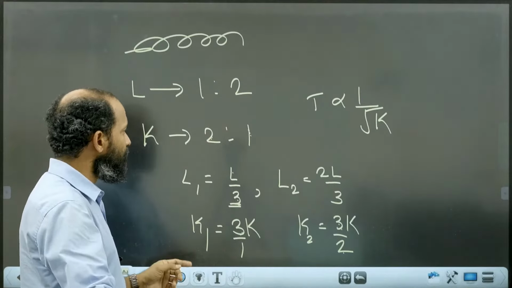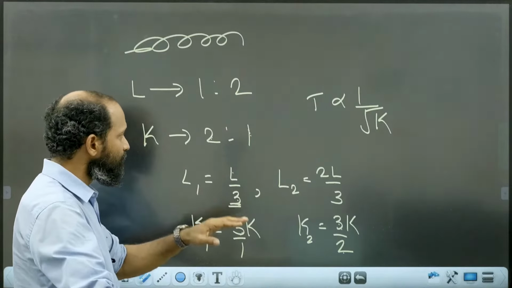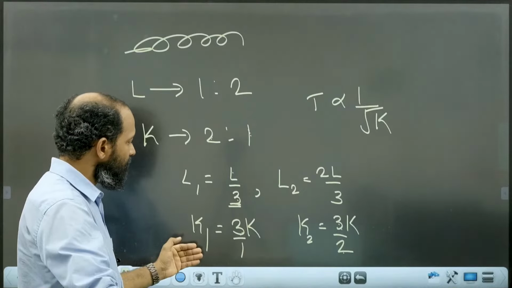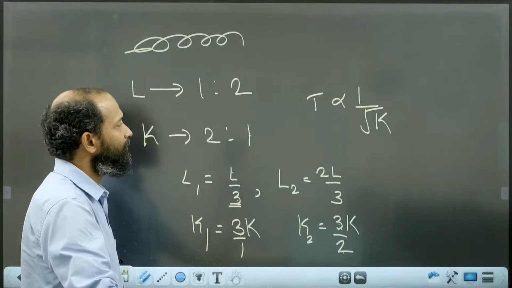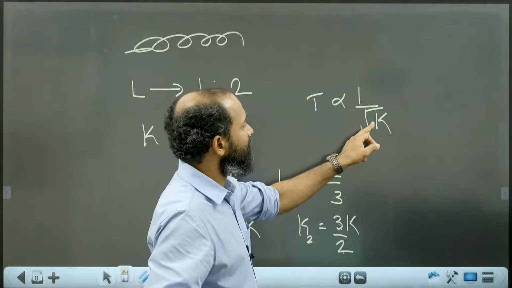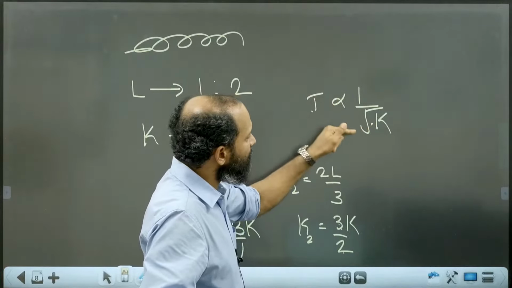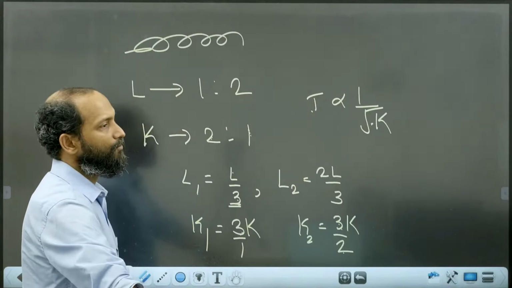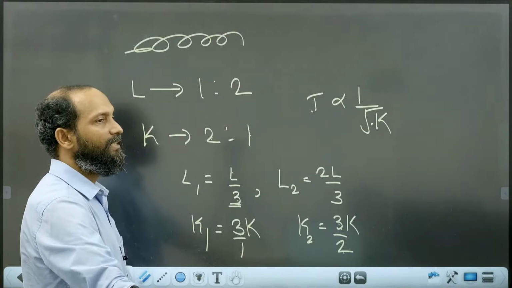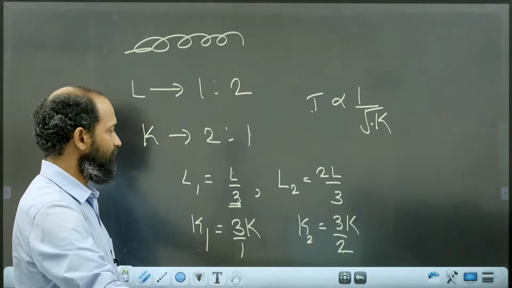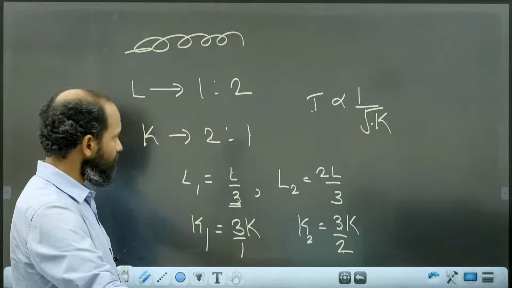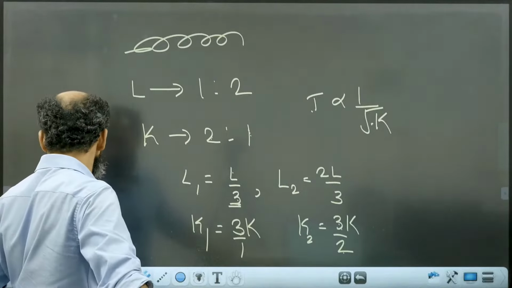What is the periodic time when the same mass is oscillated with the shorter spring? The shorter spring has spring constant 3k. That's why k would become 3 times. So the period becomes 1 by root 3 times. Period would decrease. As k increases, period decreases, and period becomes 1 by root 3 times. Okay, like that questions may be asked.